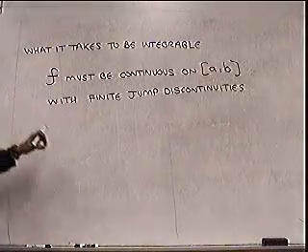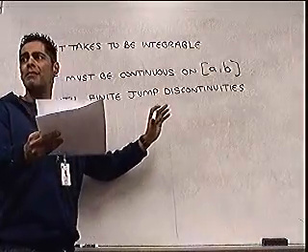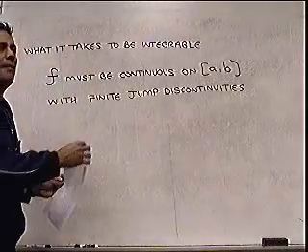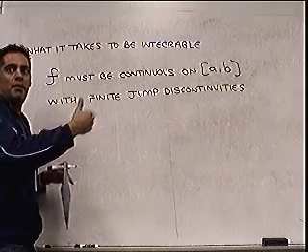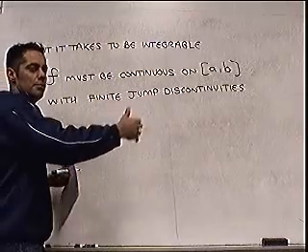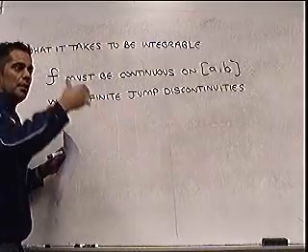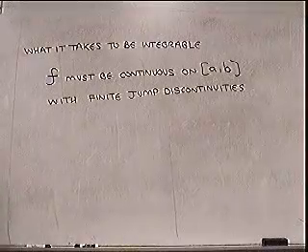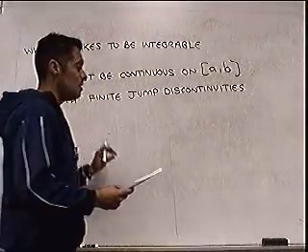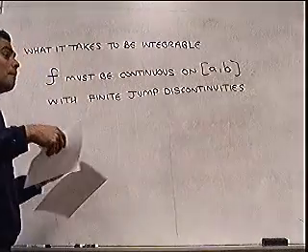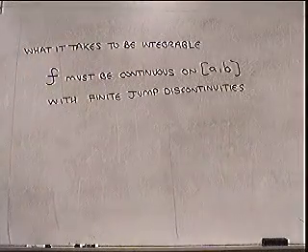So it has to be smooth without picking up your pencil, or the most we could have is a bunch of jumps in it, but they have to be something you can count, finite, like 10 of them or 100 or 1,000, but it can't be infinitely many jumps. Does that make sense? All right, so those are the conditions we need for integrability to exist.